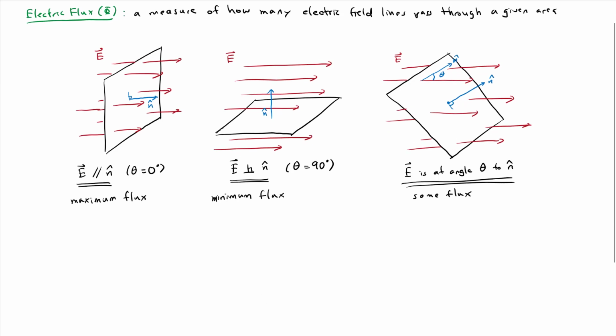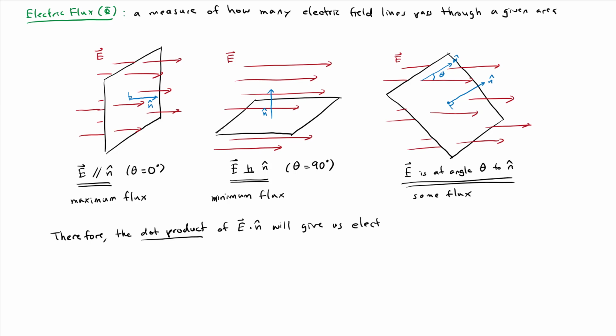So therefore, the dot product of E dotted with n will give us electric flux.